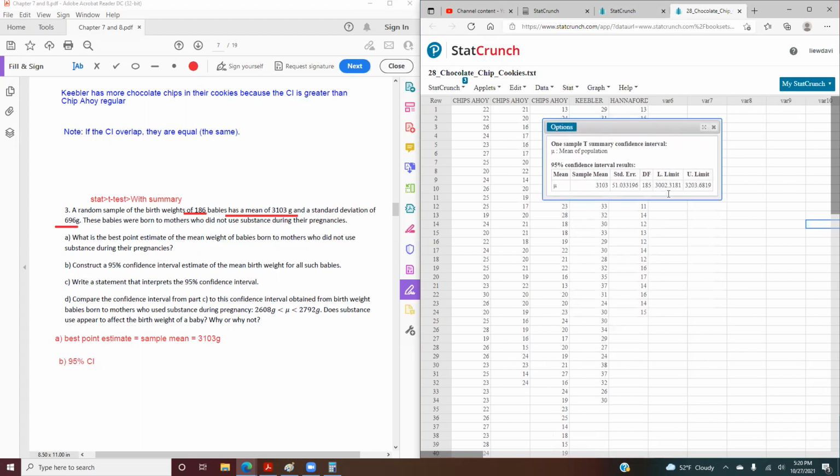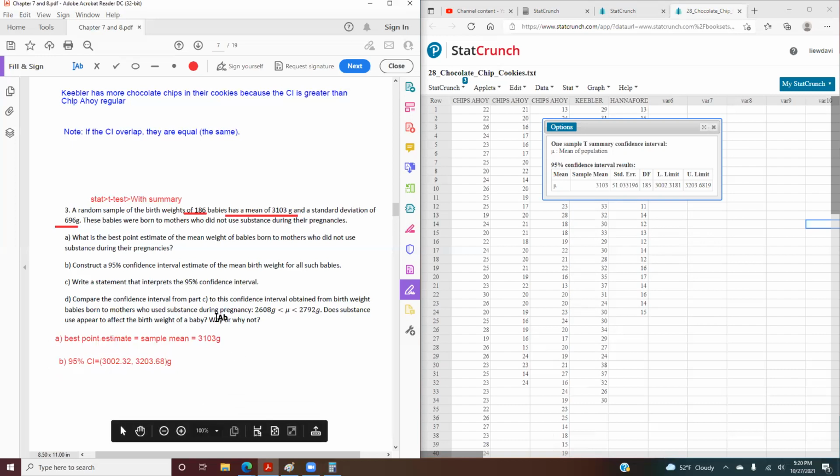The 95% confidence interval in this case is 3002.3 and 3203.68, and the units here are all in grams. So this is how we find a 95% confidence interval for this mean birth weight.